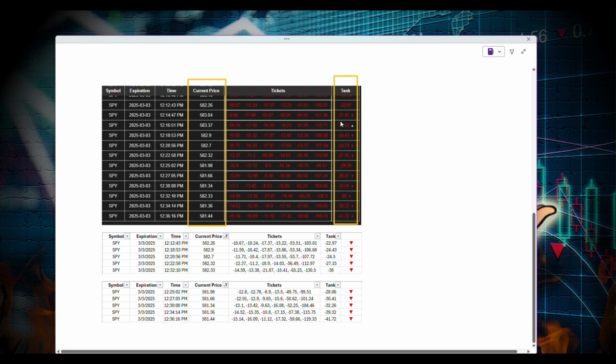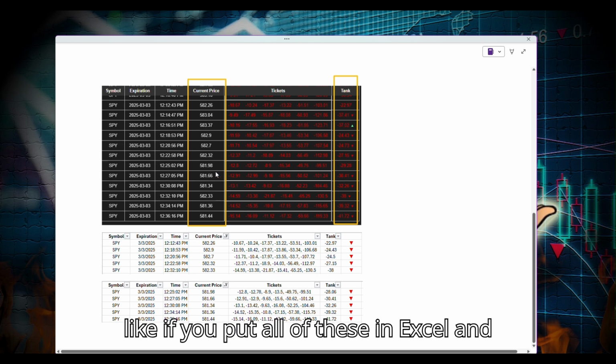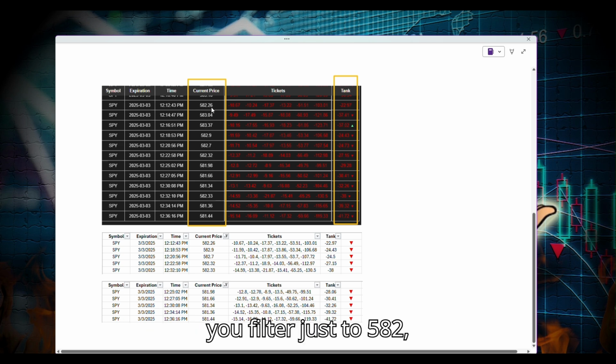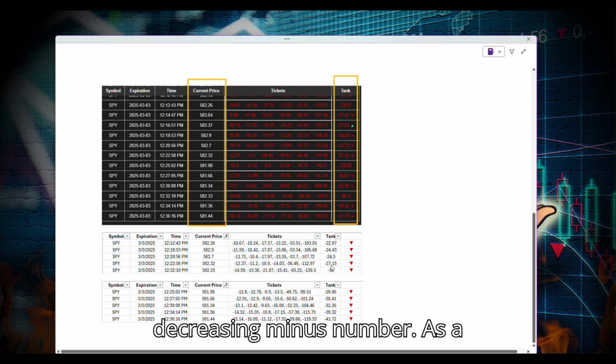But if I can give you a visual example, imagine you put all of these in Excel and filtered just the 582. You would get a progressively decreasing minus number.